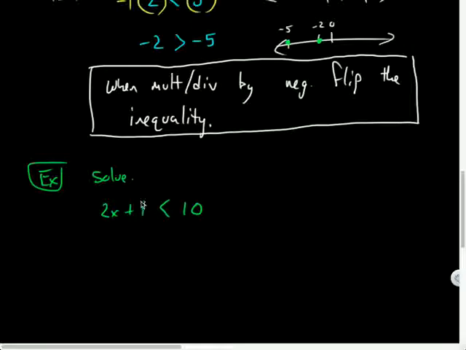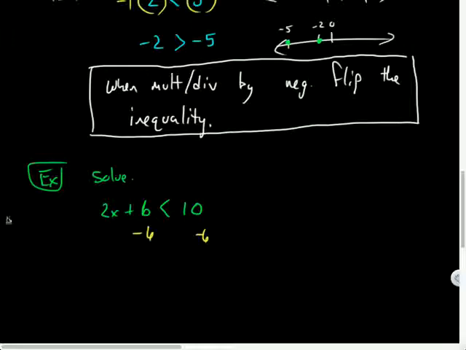I could change this to 2x plus 6, just to make it a nicer number. Doesn't matter really. How would you solve this if pretend this was an equal sign this whole time? What would you do?